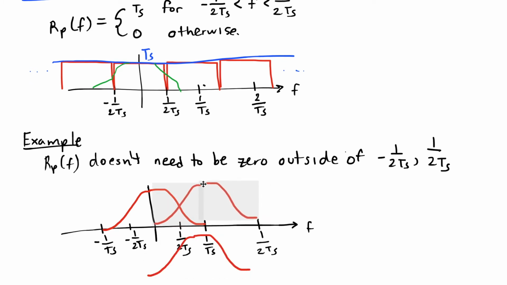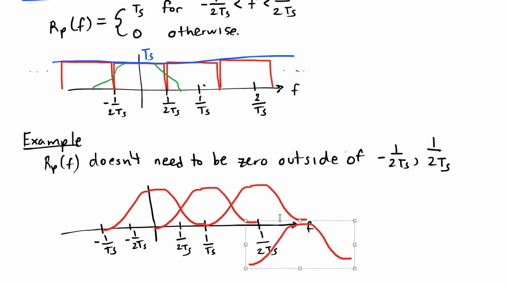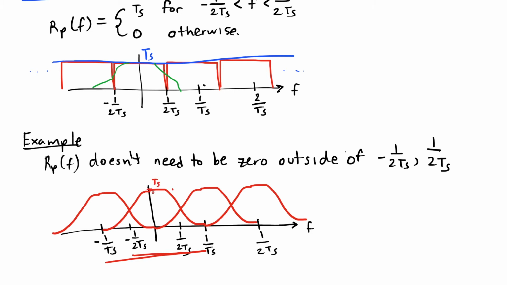I've taken this rounded Rp of f in the frequency domain, and I've copied and pasted it at every integer multiple of 1 over t sub s. And you can see that it isn't limited to within 1 over 2 t sub s. In fact, it is non-zero everywhere between minus 1 over t sub s to plus 1 over t sub s. But when I copy and paste it and add it together, and I add this value and this value, I get a constant. I get back up to t sub s.